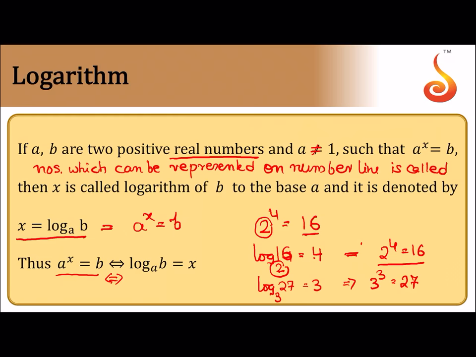So, a to the power x equal to b implies log base a of b equal to x. You got these two examples. Log base 3 of 27 is 3 means 3 to the power 3 is equal to 27.